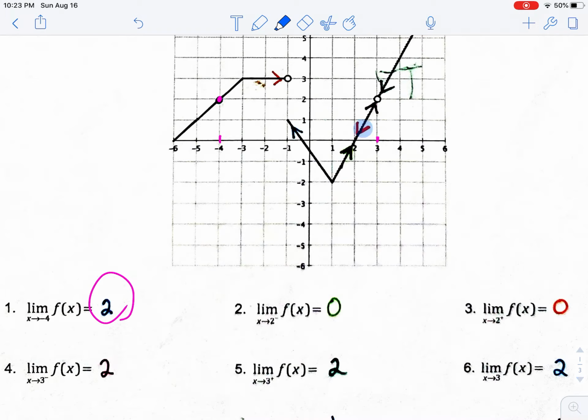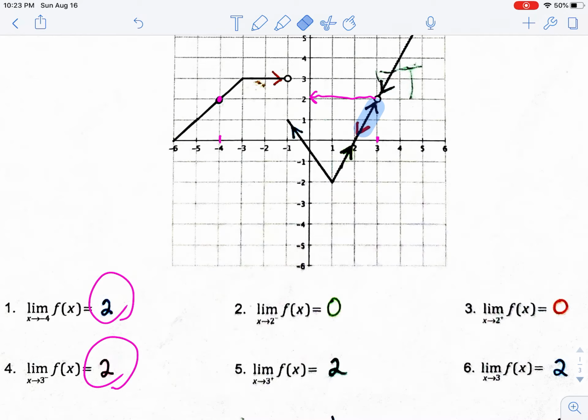That means this side of the function approaching that hole. That's an actual hole in the graph. This is where the definition of the limit comes in handy, because we're not asking what the function's value is. Since there's a hole there, there is no function value. But the actual y value of that hole is 2. So we say that is the limit.